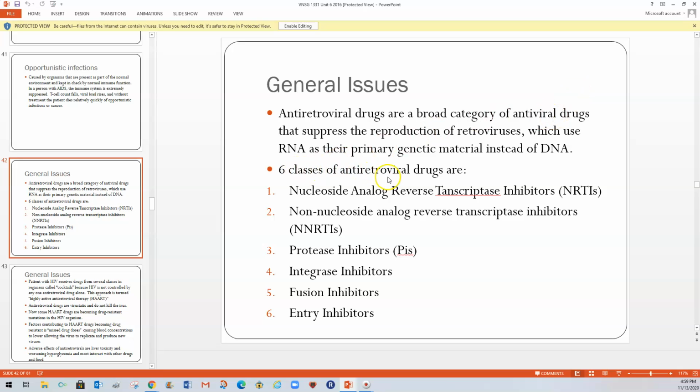Six classes of antiretroviral drugs: nucleoside analog reverse transcriptase inhibitors, or NRTIs, non-nucleoside analog reverse transcriptase inhibitors, or NNRTIs, protease inhibitors, integrase inhibitors, fusion inhibitors, and entry inhibitors.